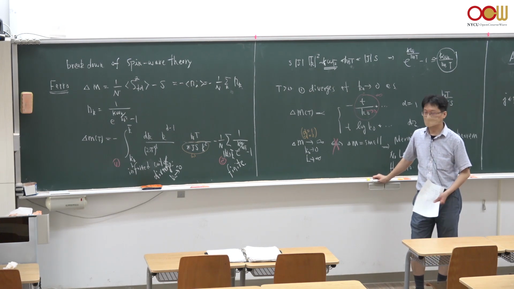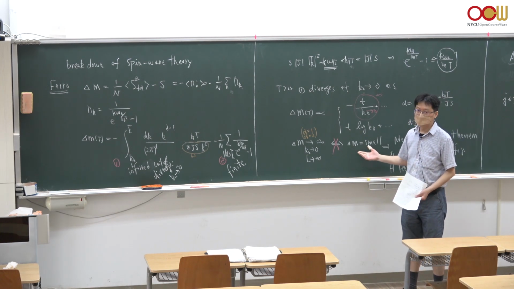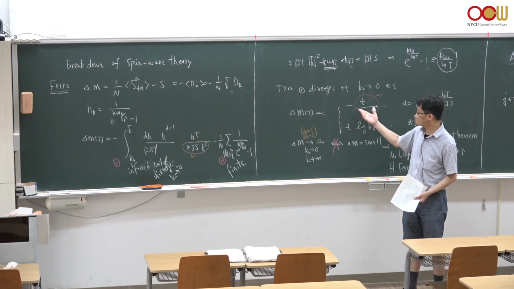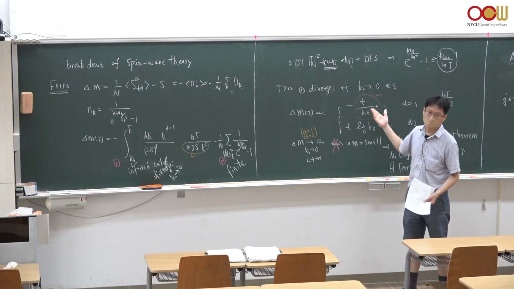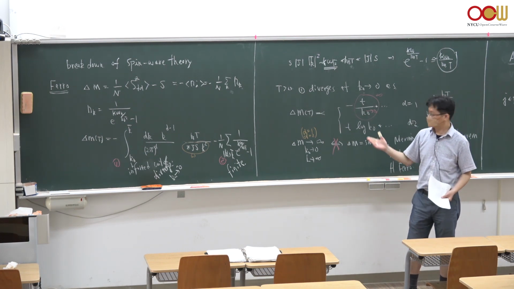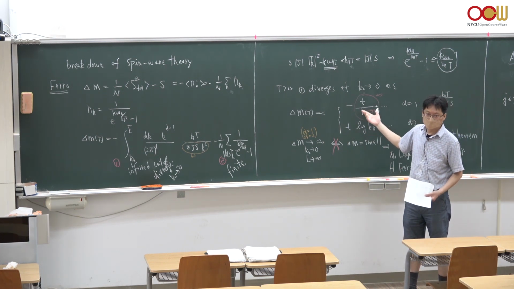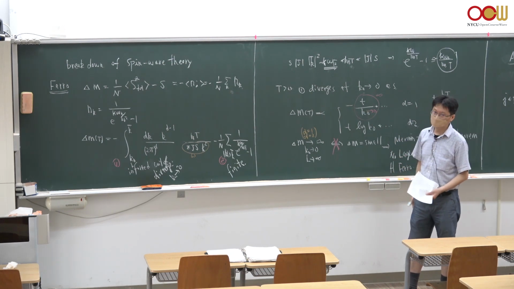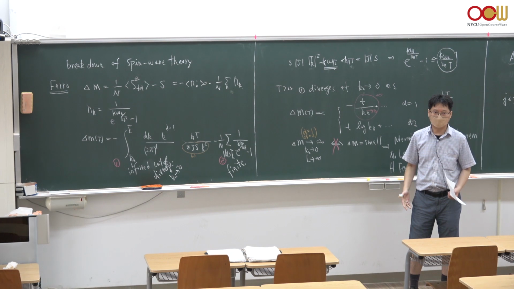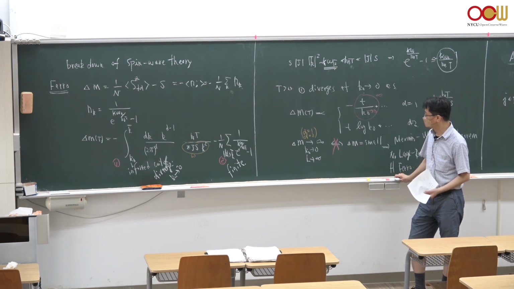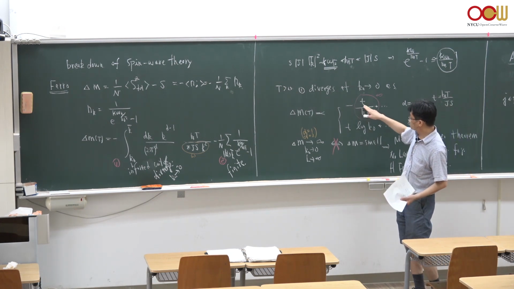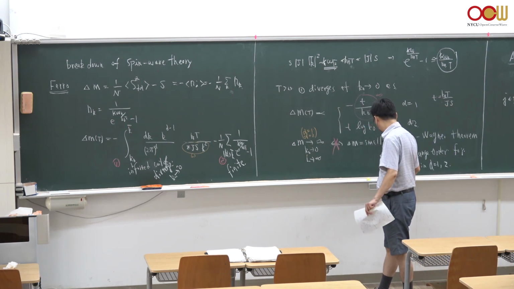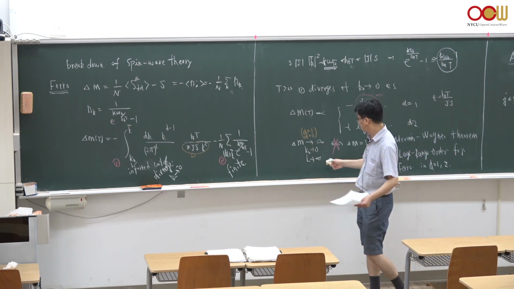We should not expect that delta m is small in one dimension, because we estimate that this delta m diverges. Therefore, these spin excitations are going to eat up all the spin moments you originally have at t equals 0, so that as you go to the ground state and thermodynamic limit, your net spin moment will become 0.